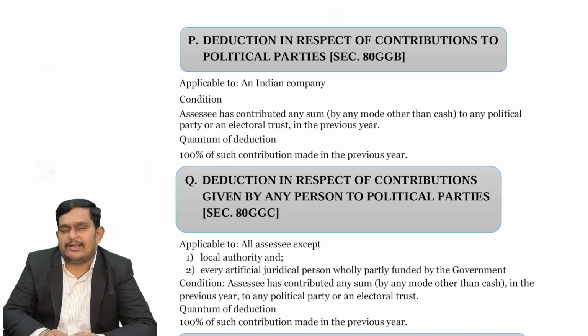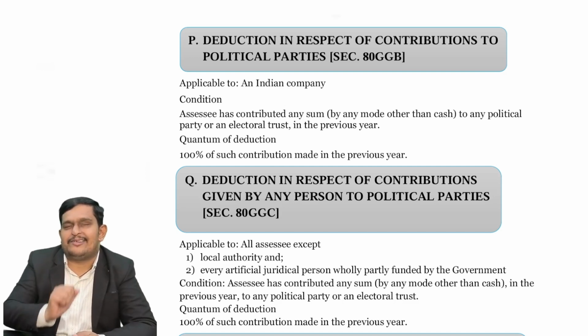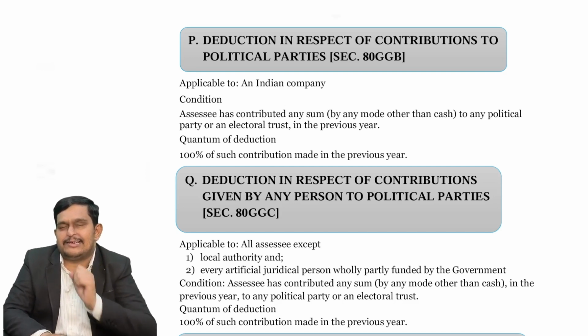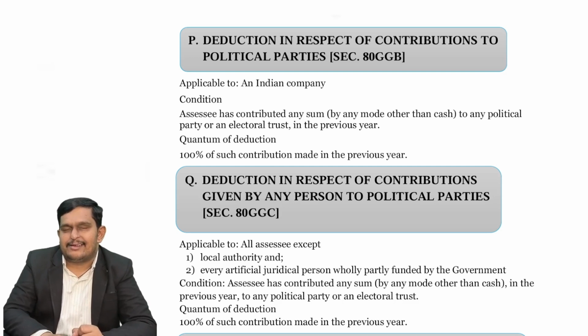And an artificial juridical person also cannot give any donations. Artificial juridical person means Hindu deities, and universities are also artificial juridical persons. These cannot give donations. So 80GGB says an Indian company will get the deduction. 80GGC says any assessee other than an artificial juridical person or local authority will get deduction.